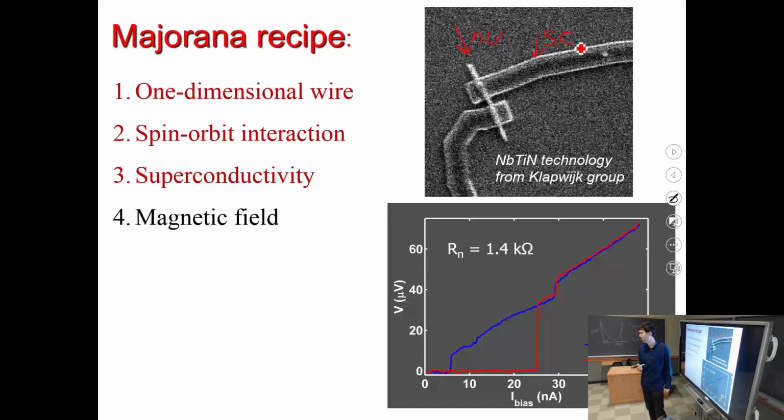You observe current flows without resistance, meaning that you have supercurrent. Supercurrent looks like this. You ramp up the current, and you follow the red trace. There is no voltage developing here. That means the current flowing without resistance is due to superconductivity, meaning you have induced superconductivity in this nanowire.